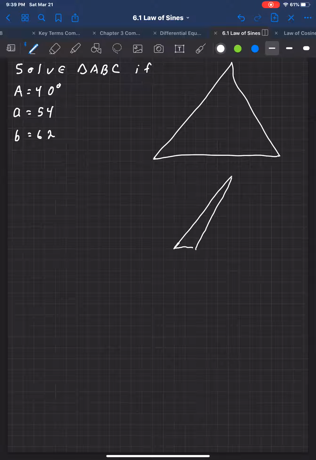Okay? So let me just assume that, so this is angle A. This is 40 degrees. And let's assume that this is going to be B sub 1. I'll put A sub 1, B sub 1, C sub 1, little c sub 1, little b sub 1, little a sub 1.